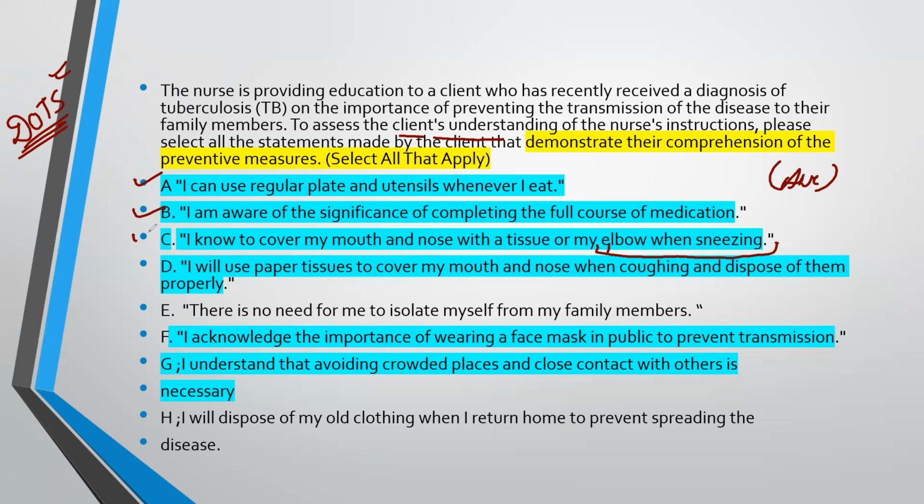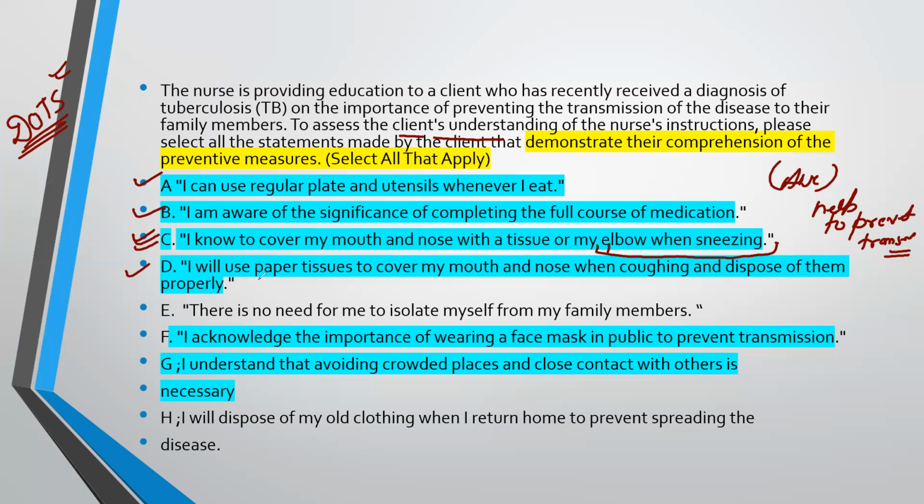So it is also the right understanding of the information by the client, because this activity helps to prevent transmission. As I have explained, the main route of transmission of tuberculosis is the air. So the Mycobacterium tuberculosis in the droplets from the client sneezing or coughing can be prevented with the help of the elbow or covering the mouth.